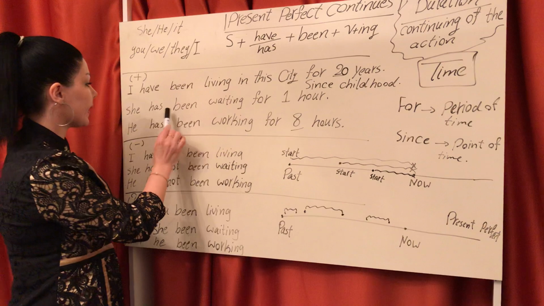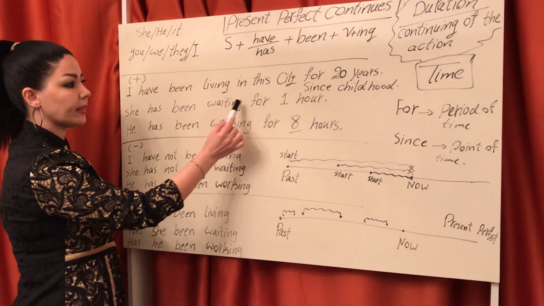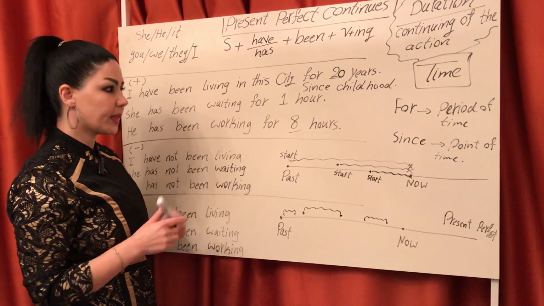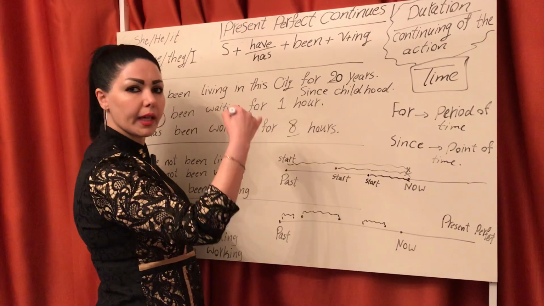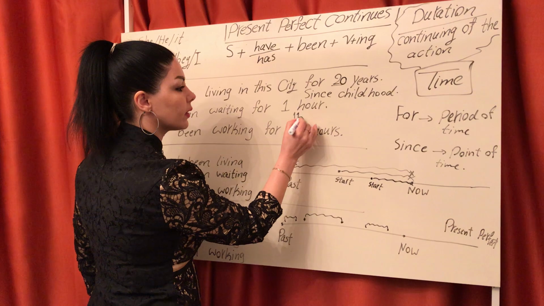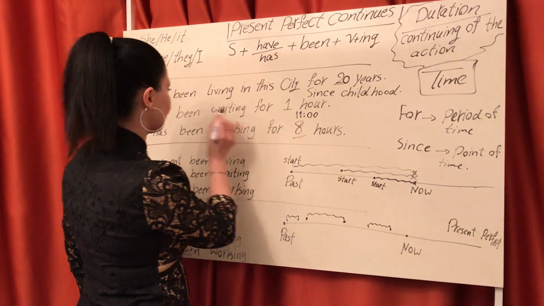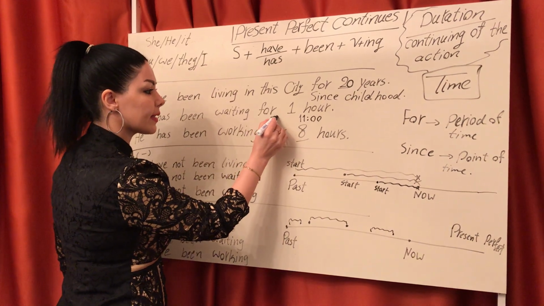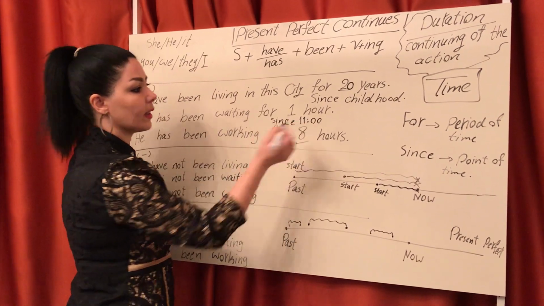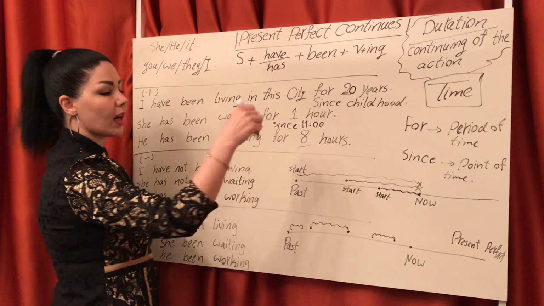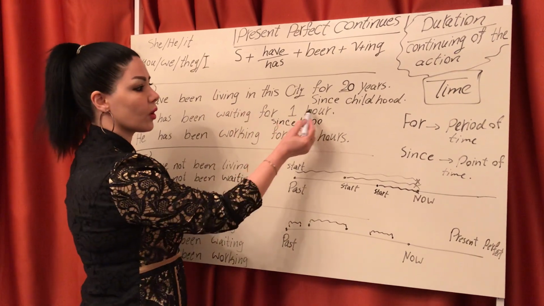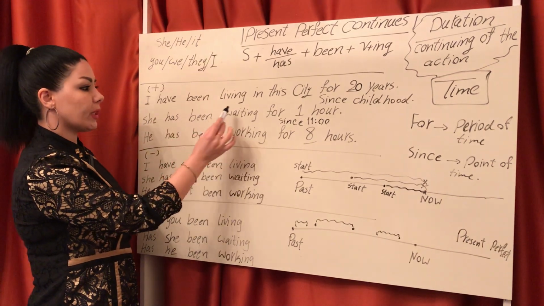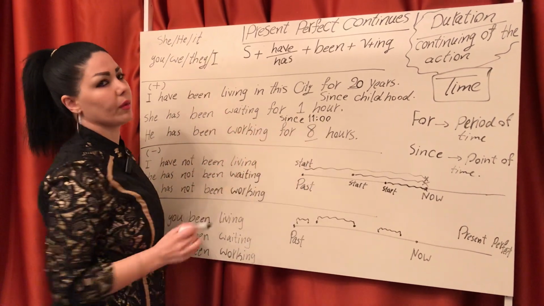Or for example here, she has been waiting for 1 hour. For example, now the time is 12. 1 hour ago, 11. I said that she has been waiting since 11. Now it's 12. So 1 hour ago, she was waiting. She has been waiting since 11.